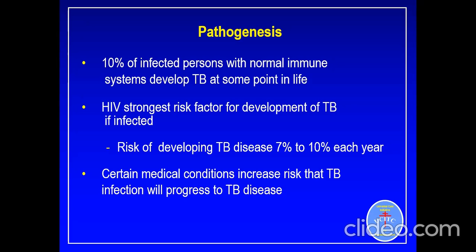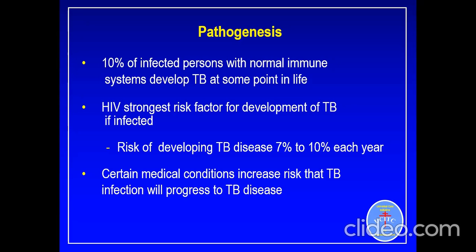I don't have the figures for diabetes and other factors, but in diabetes, there is a 3 to 4 fold higher risk of developing active tuberculosis if the person is infected.